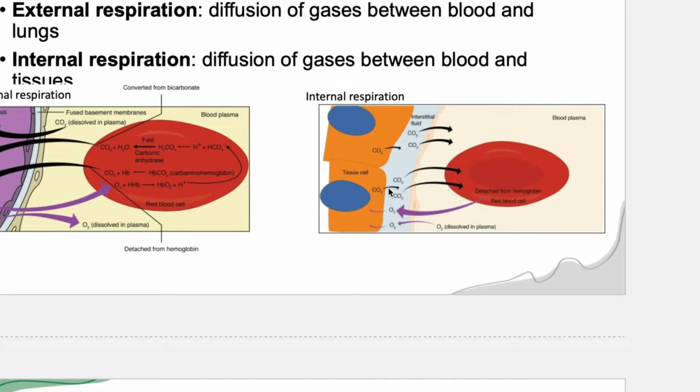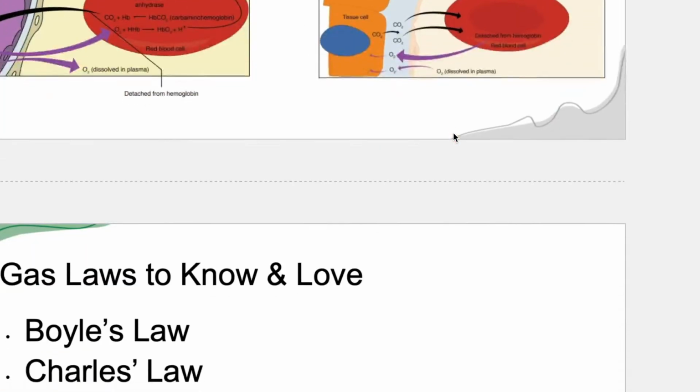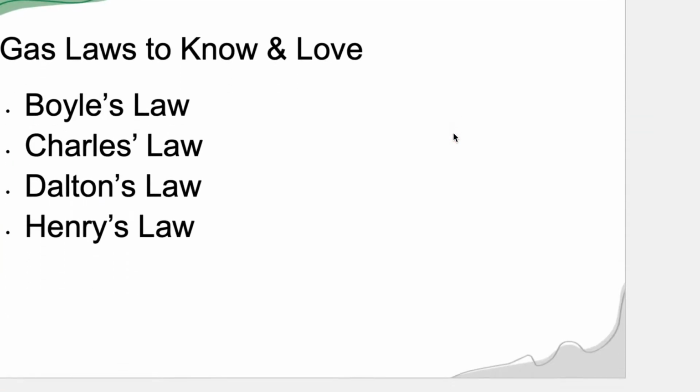Again, here's just a reference back. We see two arrows versus one arrow here of stuff that's in the plasma. And that again just shows how CO2, because of Henry's law, can dissolve more easily into plasma and liquids.